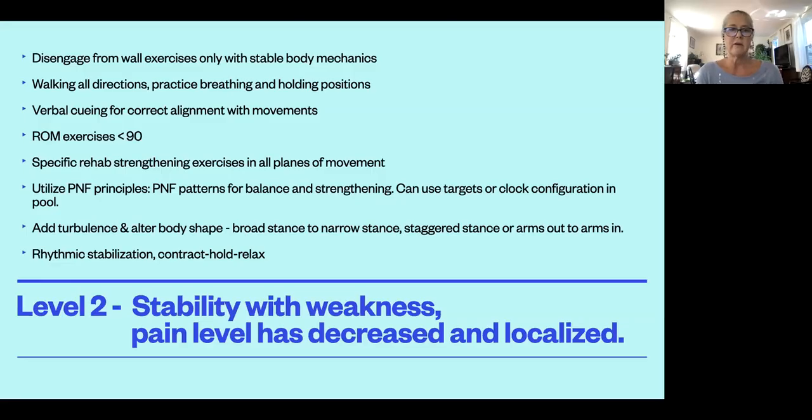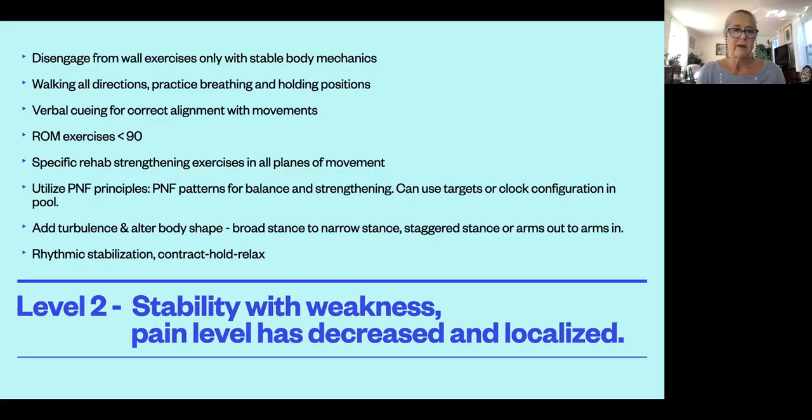When you're in vertical, you can use a clock configuration. They even have a nice clock that you can put on the pool floor, or poly spots, or different things you can use as a target for the foot to reach out in different directions. So they've got a visual cue.